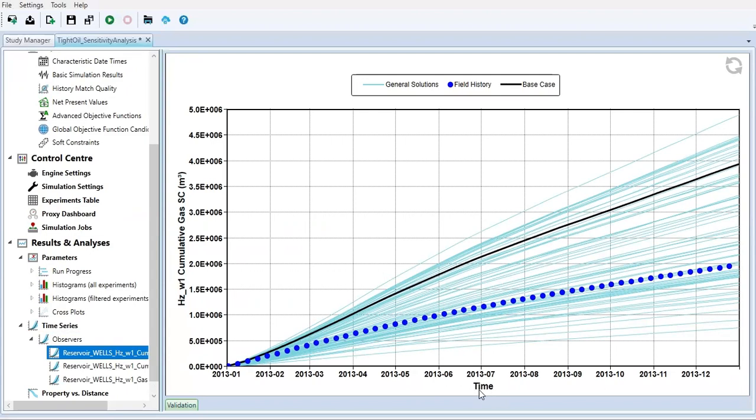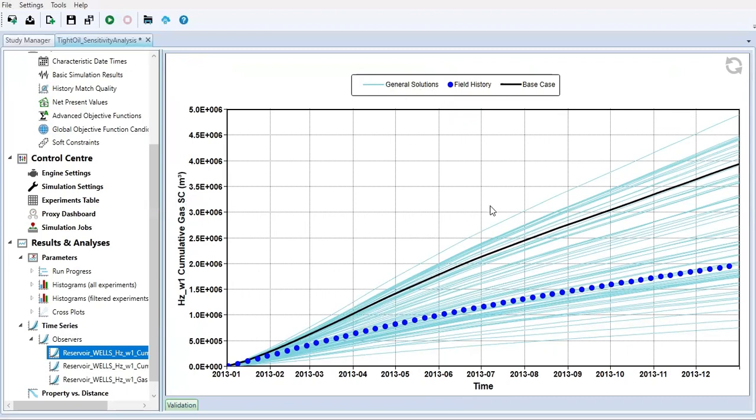The horizontal axis is the time, the production time, and the vertical axis is the objective function that we want. And this one is the cumulative gas produced at standard condition. And you see the legend.